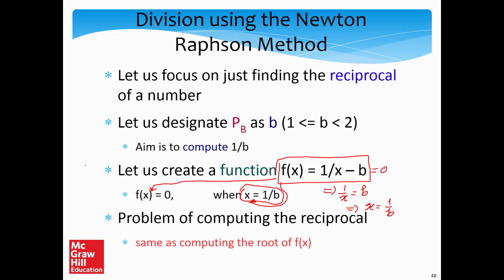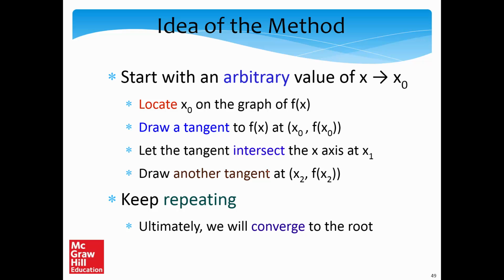So what I'm doing is converting the problem of computing a reciprocal 1 by some number into computing the root of an equation. So we'll use a traditional equation solving technique to actually compute the reciprocal of a number. And this technique is the Newton-Raphson method.